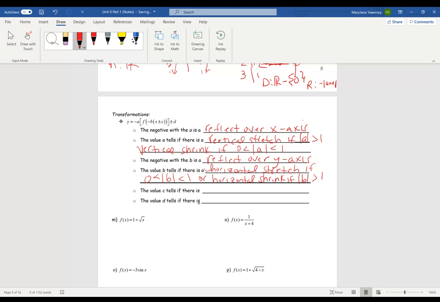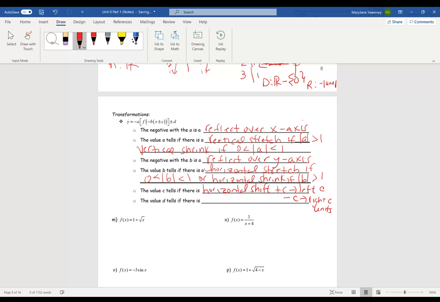The C inside the parentheses, the plus or minus in the parentheses with the X, is your right or left shift. So it's a horizontal shift, and a plus C is left C units, and minus C is right C units.